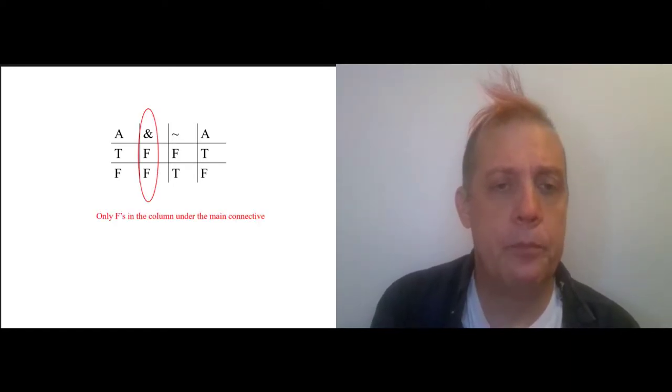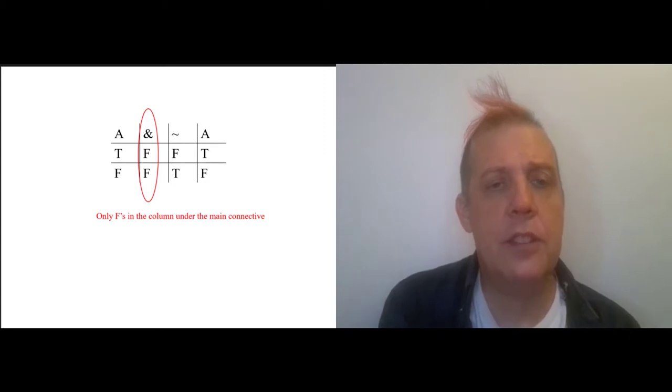We fill in the column under the negation, because that's the secondary connective, and that just flips the truth values. That one is false and true. And then we look at the column under the and that is false both times. In the first row, it's false because the right-hand side is false. In the second row, it's false because the left-hand side is false.